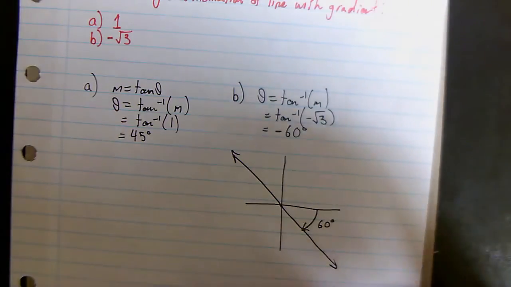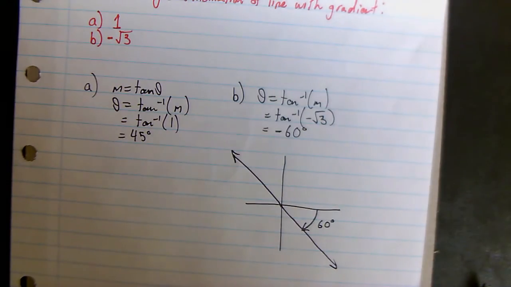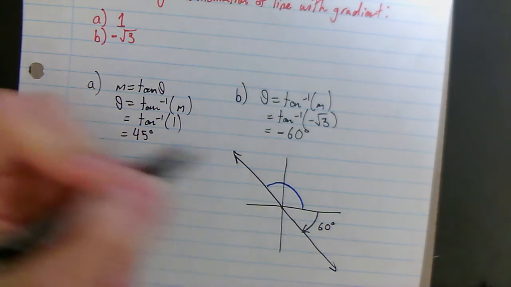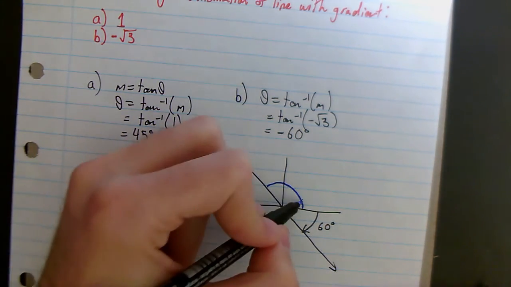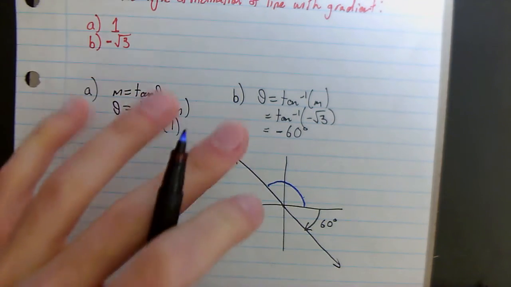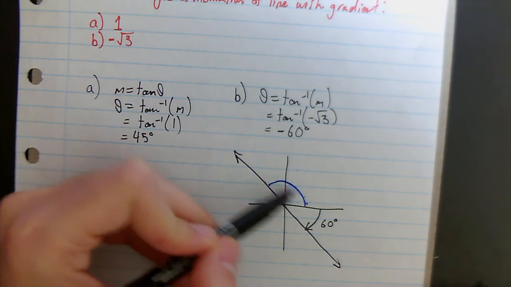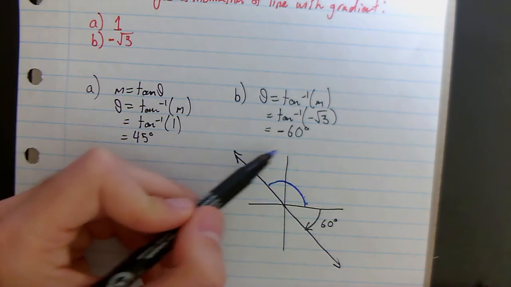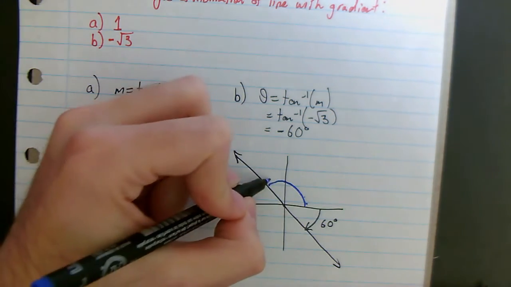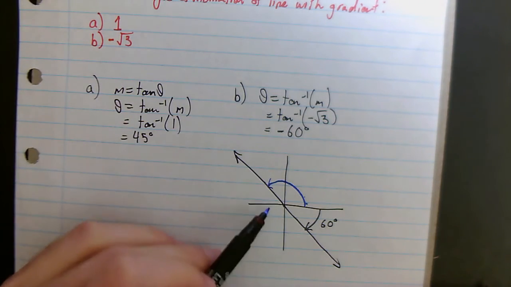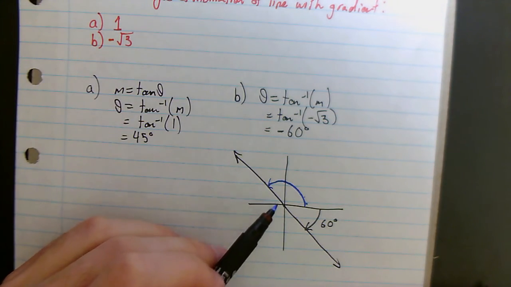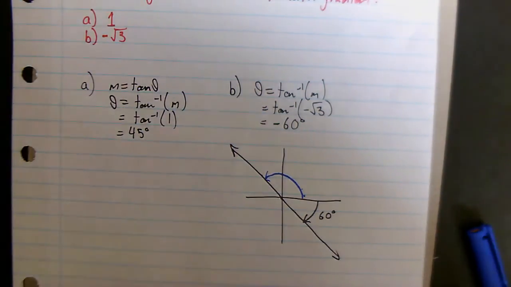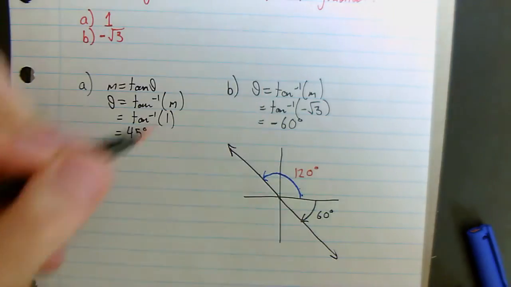Typically our angle is being asked for this one, so the angle we're dealing with is positive, and it's this one, because it's the angle from the positive direction of the x-axis to the line, reading it normally. Because the angle is on a straight line, it's 180 minus 60, which is 120 degrees.